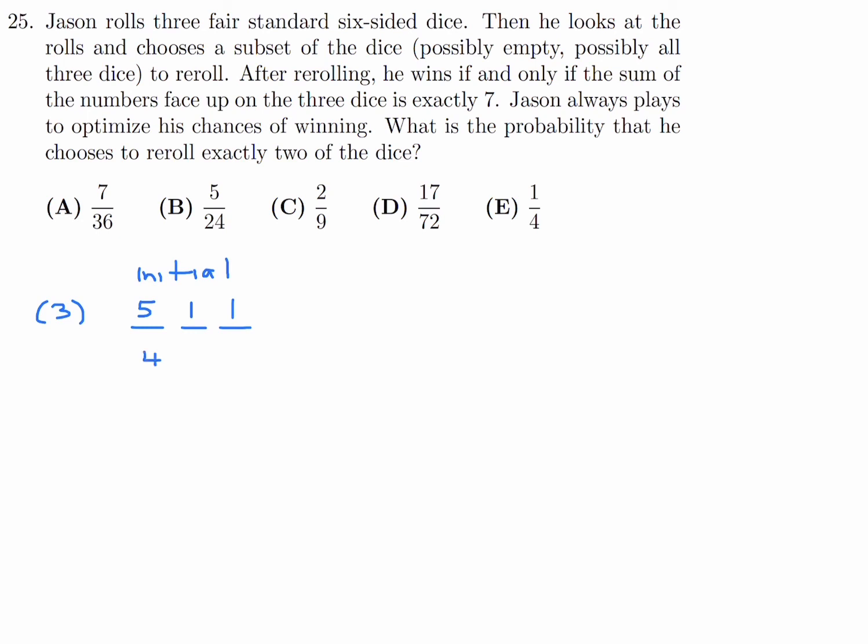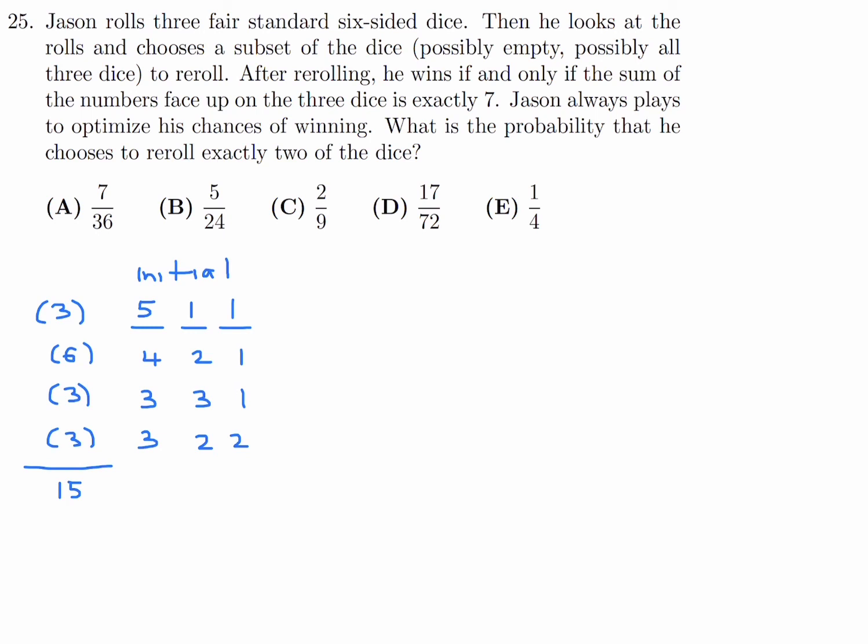You can also have 4, 2, 1. That gives me 6 permutations. 3, 3, 1, that also gives a sum of 7. 3 permutations of that. And 3, 2, 2, that has 3 permutations. So in total, I've got 15 ways of getting a sum of 7 when 3 dice are rolled.